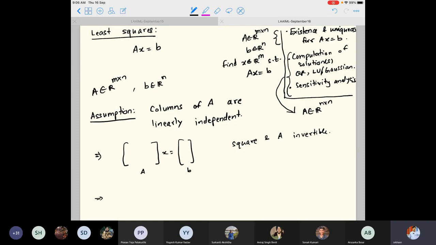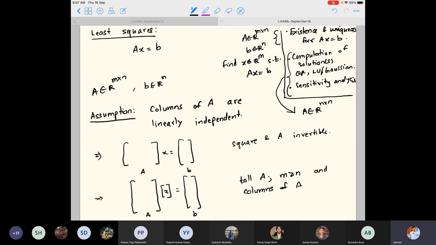Or what does that mean? That means that I have a system where A is really a tall matrix, x is a vector like this and b is a vector like this. Tall A means that m is greater than or equal to n and columns of A are linearly independent.